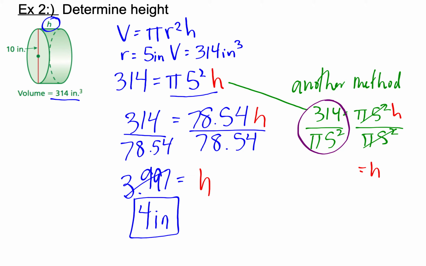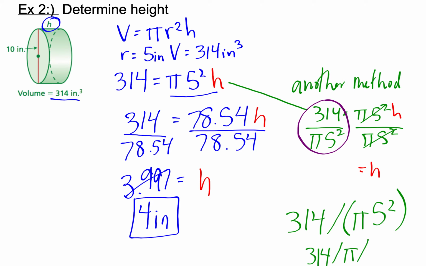It needs to be typed in as 314 divided by, and then you're going to have to use the parenthesis function to group all of that together and close the parentheses to finish it out. Another option here is realizing that you're dividing by everything here. You can divide by pi and then divide by 5 squared. That will also work for you, and it comes out to give you the same answer when you round, of 4 inches. So that does give you a couple of options there.